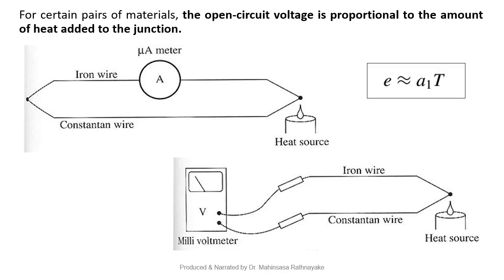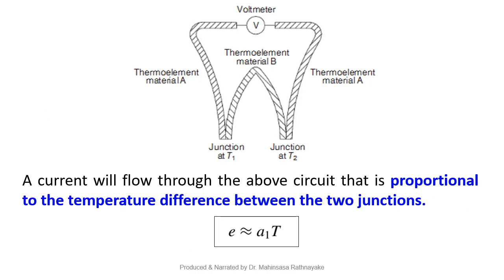As I explained previously, if there are two junctions, we can see that a current will flow through the circuit. Of course, if there is an electromotive force, there would be an electrical current flowing through that junction. This electrical current is also proportional to the temperature difference between the two junctions.